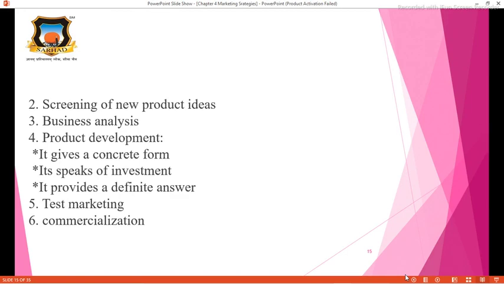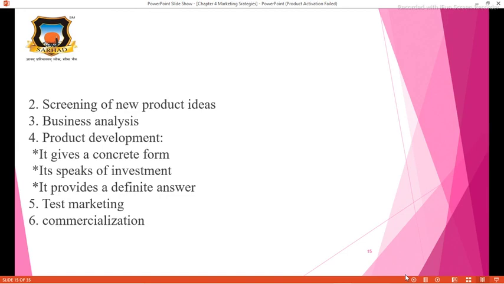The next stage is product development. It gives a concrete form to the idea. It speaks of the investment and provides a definite answer.